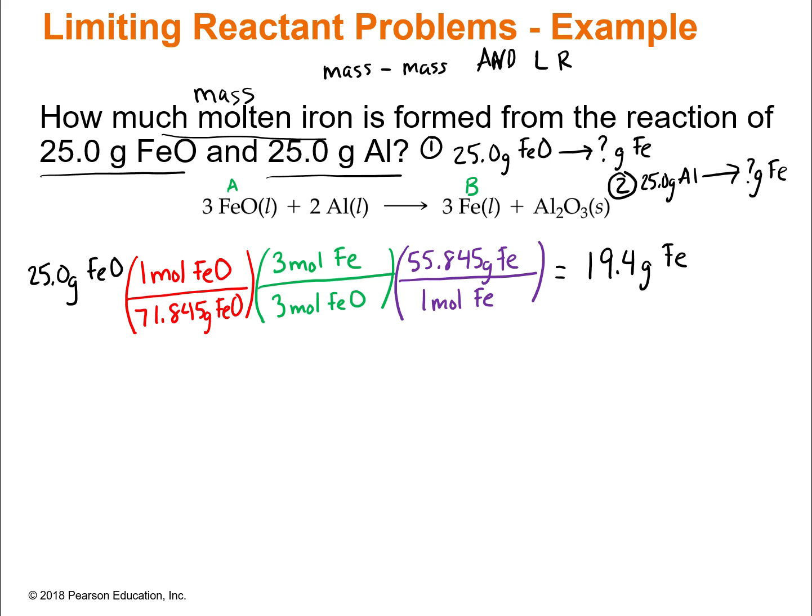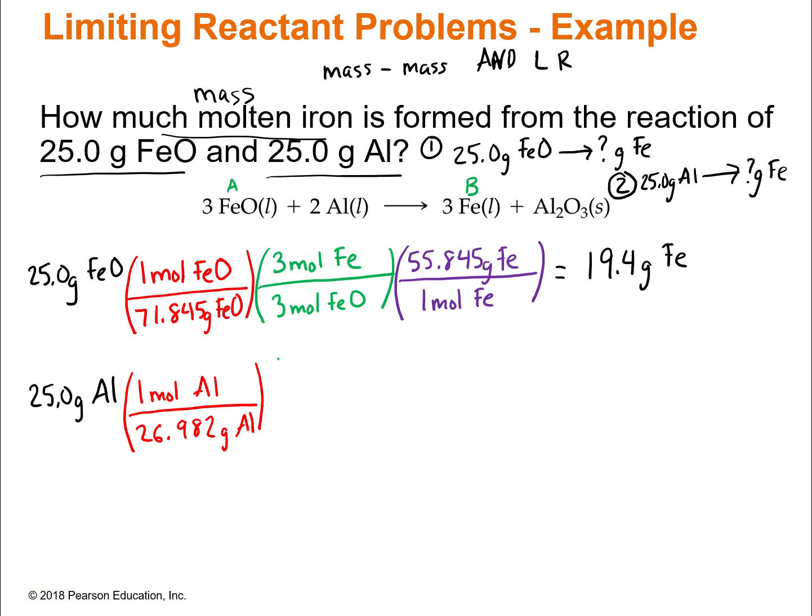Now we have to do the reverse, where we have aluminum, 25 grams, and we've got all the iron 2 oxide in the world. So that's the molar mass of aluminum straight from the periodic table.